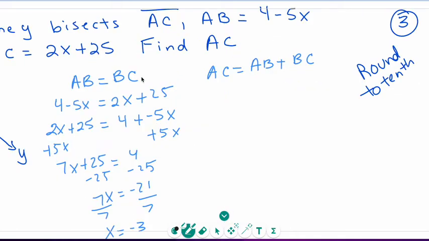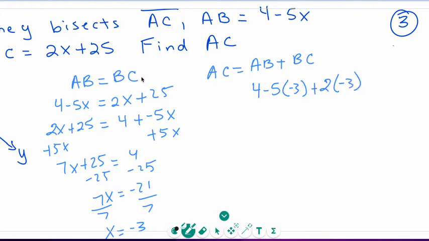So AB is 4 minus 5 times negative 3 plus BC. Give myself a little more room there, BC is 2 times negative 3 plus 25 is going to be what AC is going to equal.